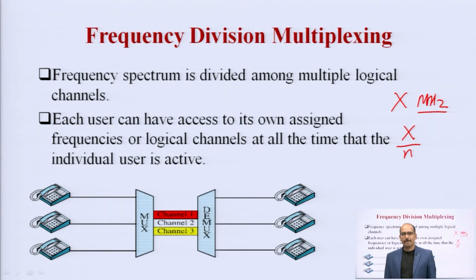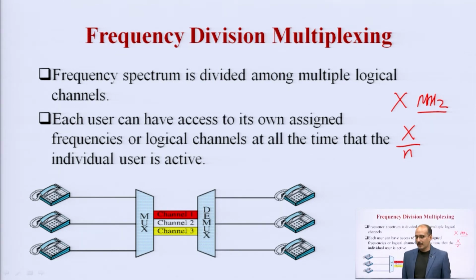It means the available frequency spectrum of the channel is divided among multiple logical channels. It means each user can have access to its own assigned frequency or logical channel at all the times that the individual user is active.